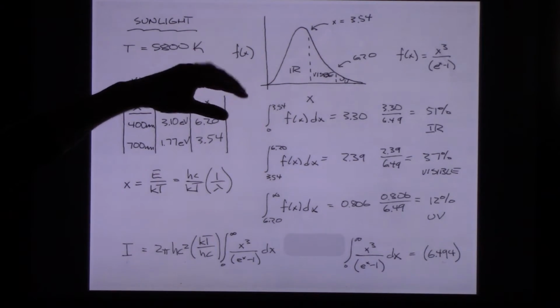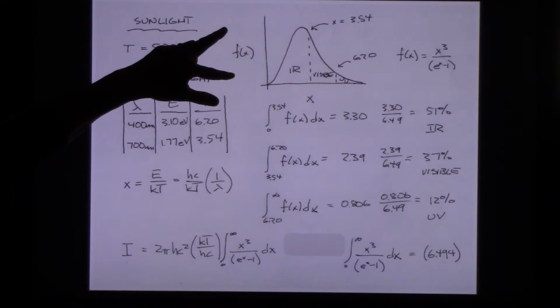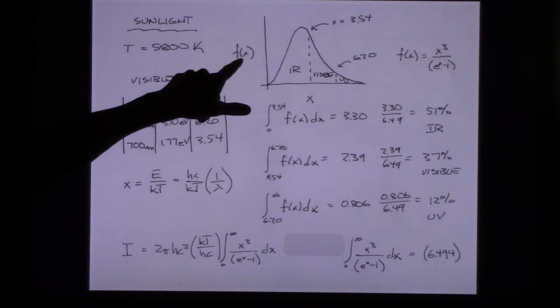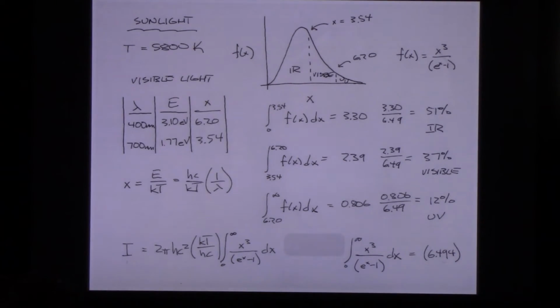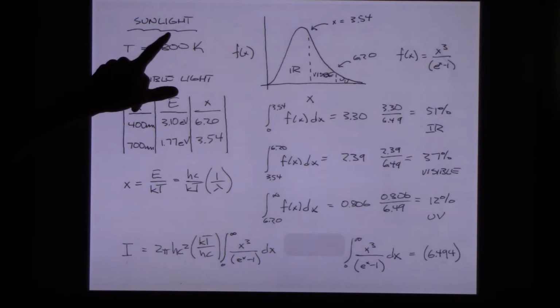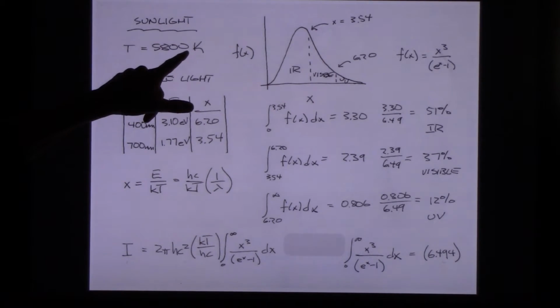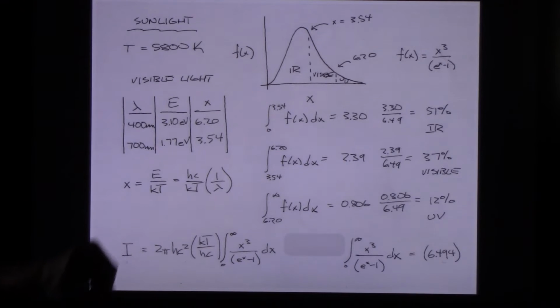If we say this is now, let's just call it f of x. So if we do this function in terms of this variable x, the one that we defined on the previous pages, for sunlight we're evaluating x at a temperature of 5800 kelvins.